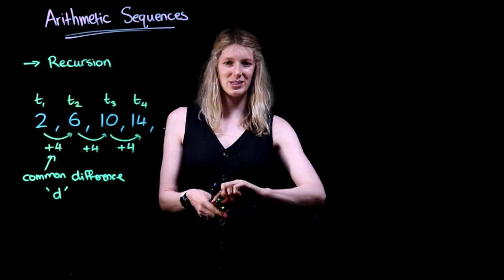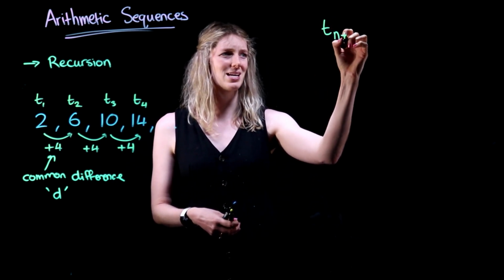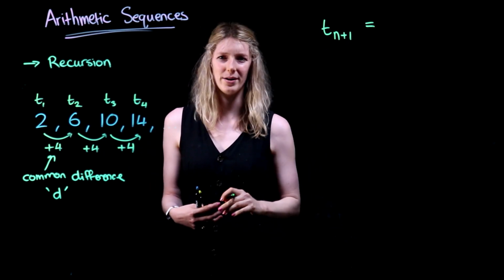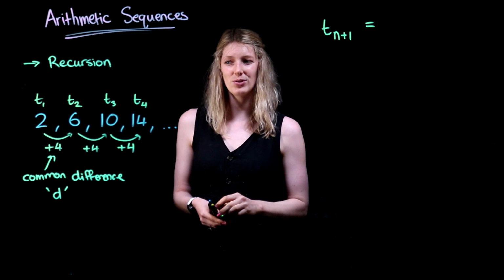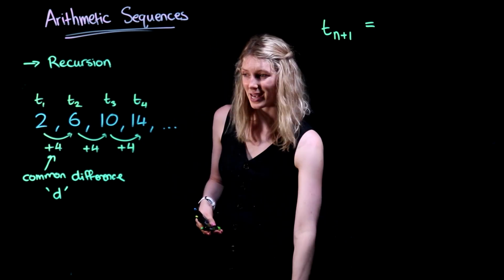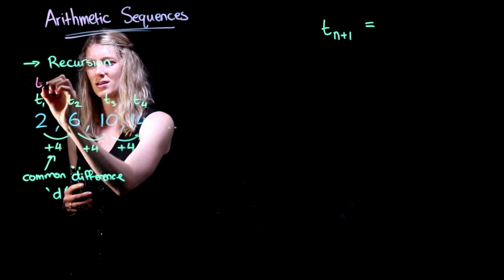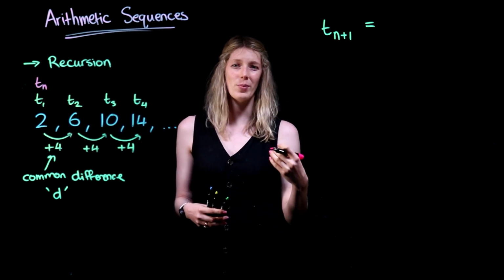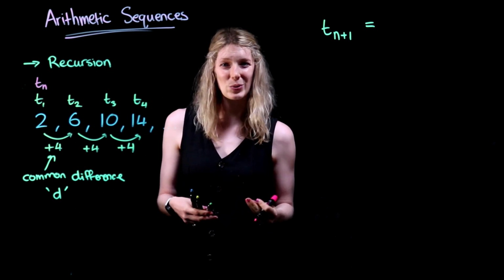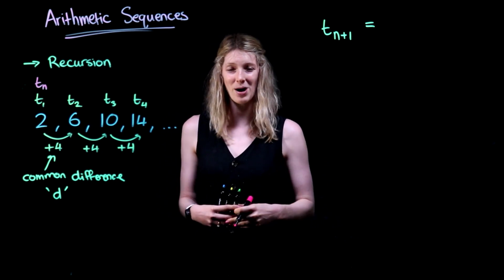And we are going to do that using a value called Tn plus 1, where Tn is the term value that we know. So as an example, we could consider term 1 to be term n. And in order to get to term n plus 1, we are increasing the position of the term by 1.